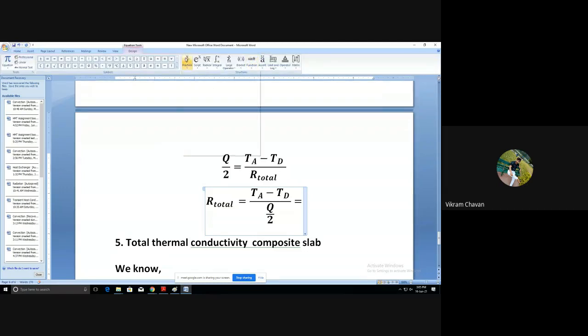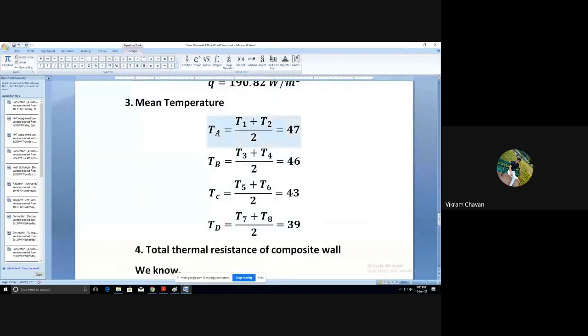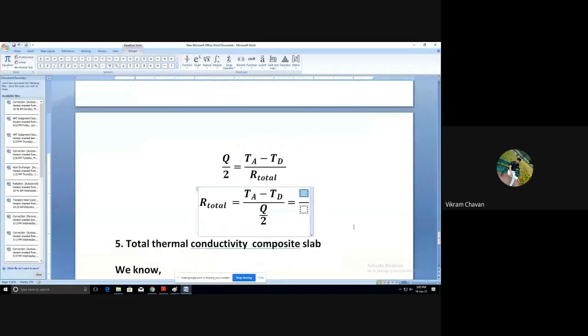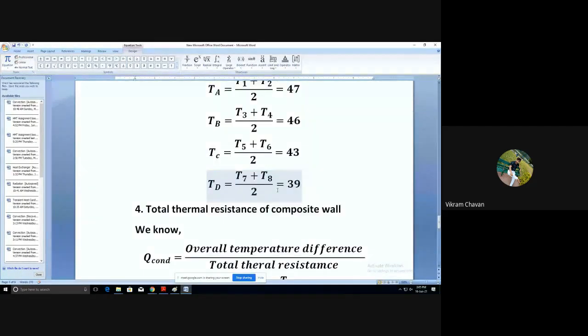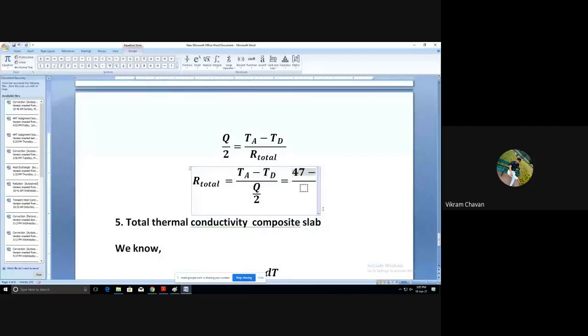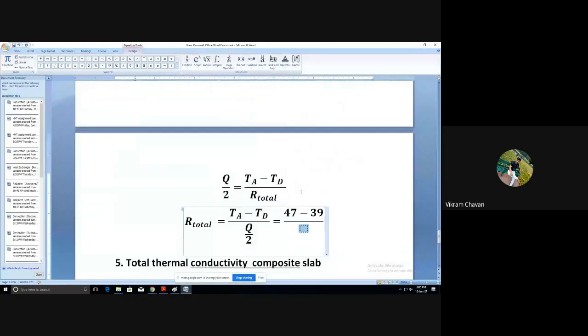So Ta minus Td. Ta is the initial temperature, 47, minus the final temperature Td, 39, divided by Q by 2. Q is 21.85, so 21.85 divided by 2.